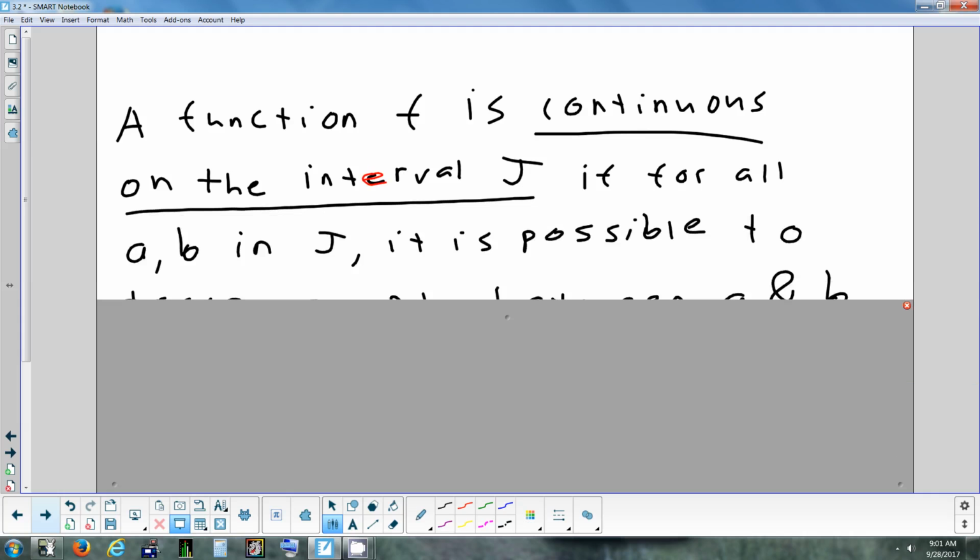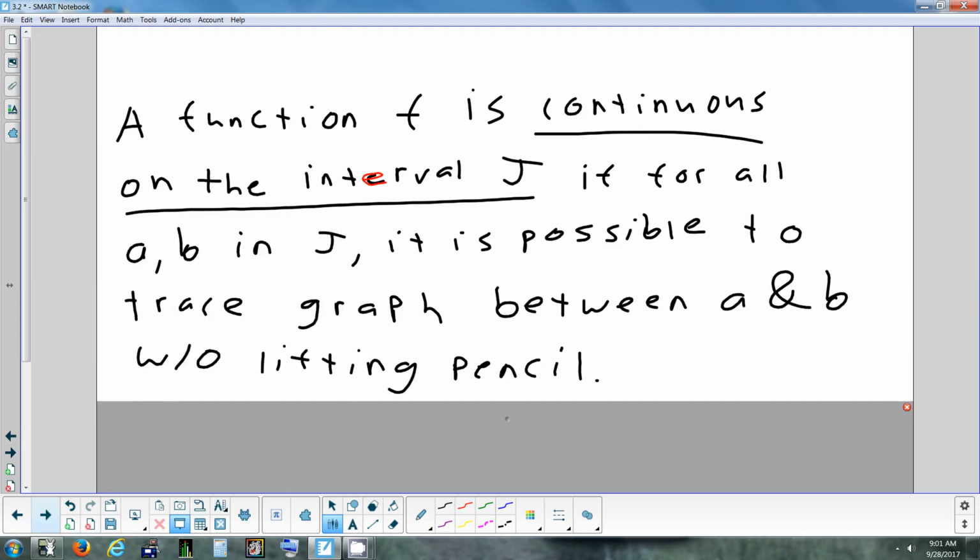So a function is continuous on a specific interval if in that interval you can trace your graph between your start point and your end point without ever lifting your pencil. That's kind of the basic way to think of what it means to be continuous.